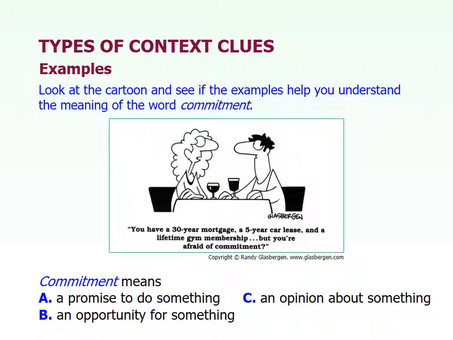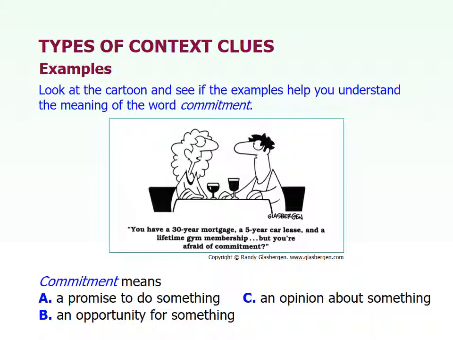All right, so if we take a look at this example here, we see: you have a 30-year mortgage, a 5-year car lease, and a lifetime gym membership. But you're afraid of commitment? The word that we're trying to find out is commitment. Before the word commitment, we have a list of 3 examples: a 30-year mortgage, a 5-year car lease, and a lifetime membership.